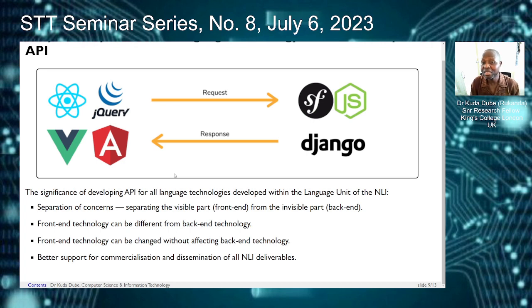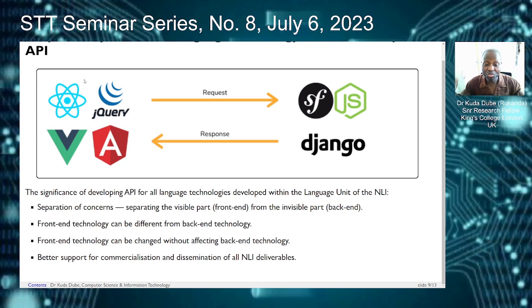And also dissemination of all the National Language Institute deliverables can be done easily via API, while also allowing others to develop. For instance, if you can change the API, it means you can even have many of them, which means you can allow many people to develop apps that can talk to the API. And that allows the entire population of our languages.